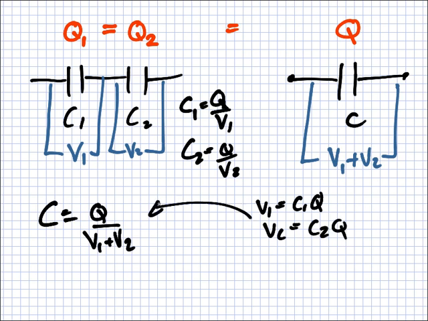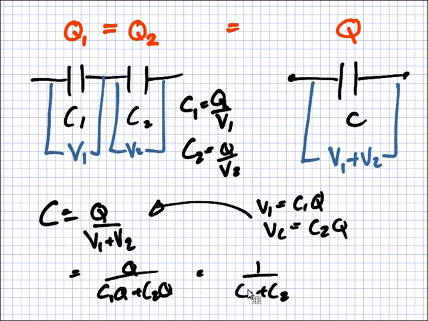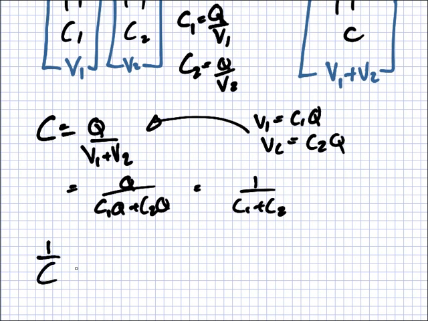Okay, let me put them in here. So that's Q over C1Q plus C2Q. So that's 1 over C1 plus C2. So that means 1 over C equals C1 plus C2.